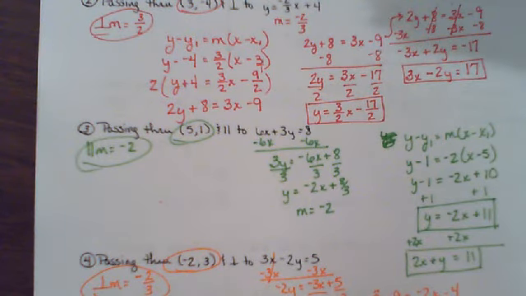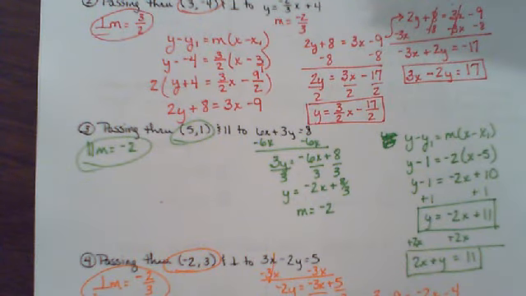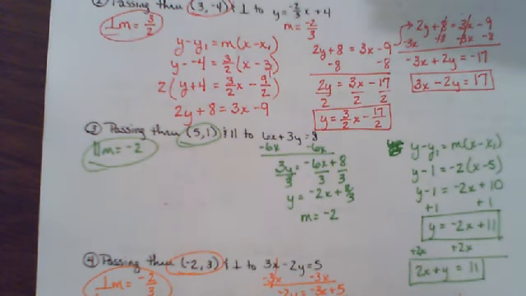That gives me 3y is equal to negative 2x plus 5. Divide everything by 3, and you get y is equal to negative 2 over 3x plus 5 over 3. Useful, not pretty.